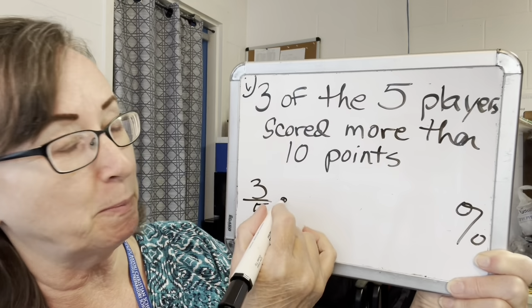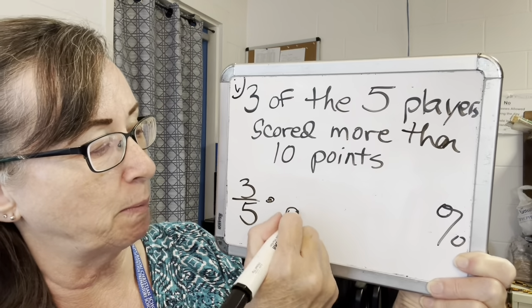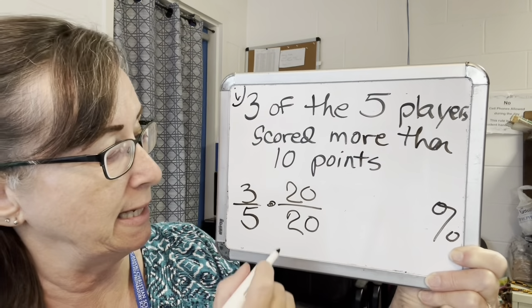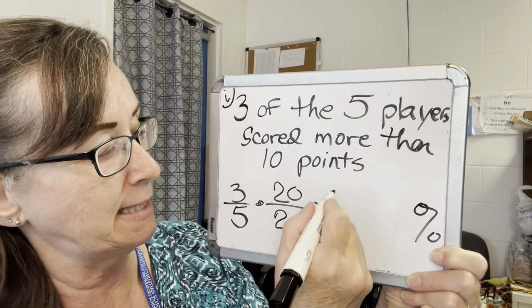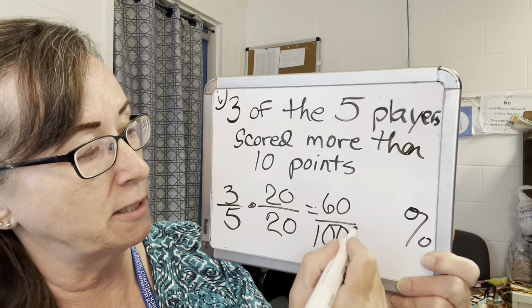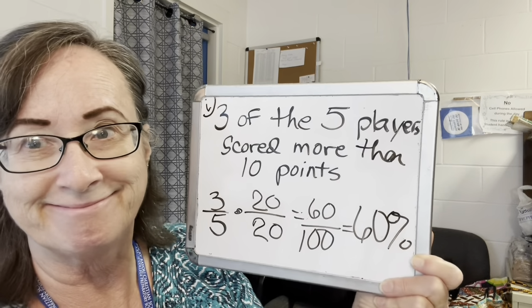We're going to multiply by what to get the denominator to 100? We're going to multiply by 20. So it has to be 20 over 20, which will give me 60 over 100, which is the same as 60%. Aren't those fun?